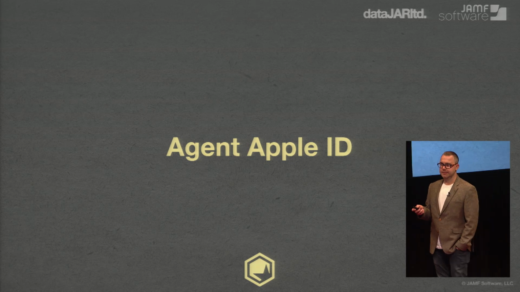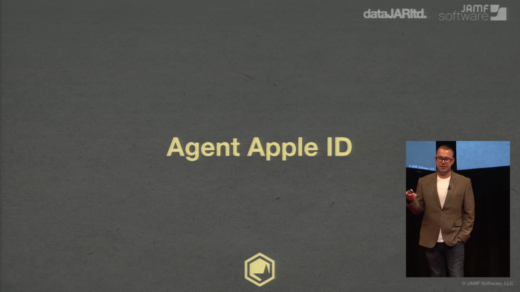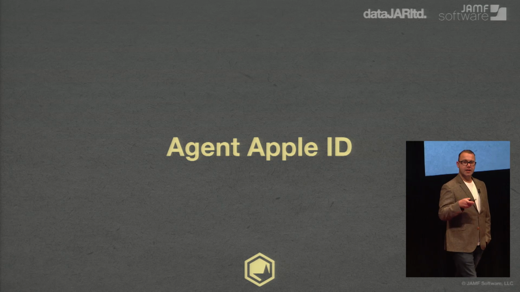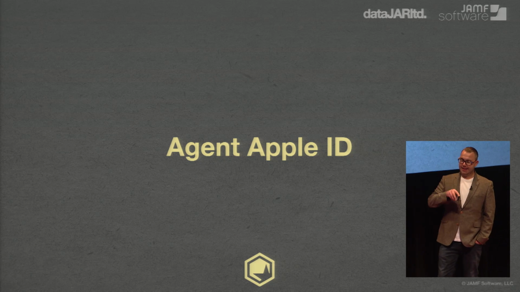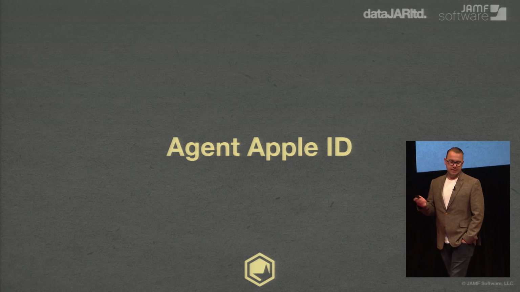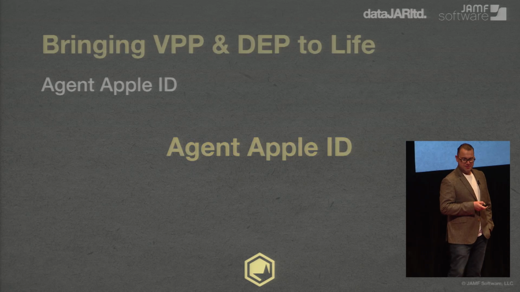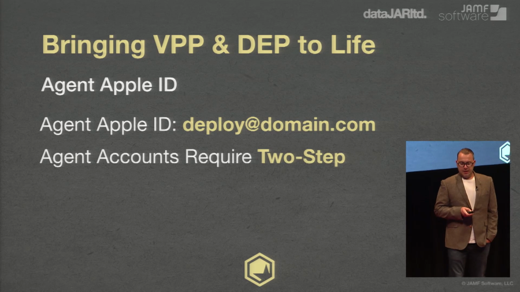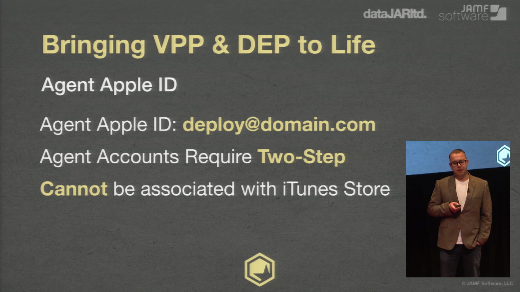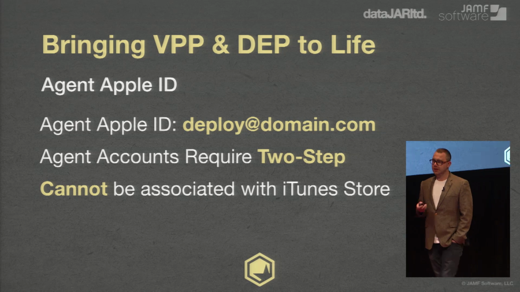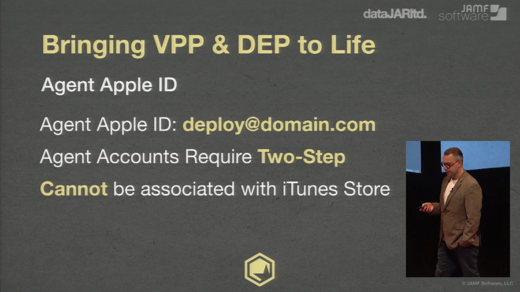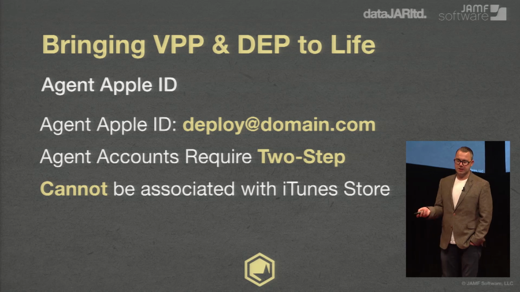Agent Apple ID. Now this is Apple's thing. They call it an agent Apple ID. It isn't a spy or someone like that. This is a recommendation that we tend to do when we set up customers, when we host a JSS for a customer.